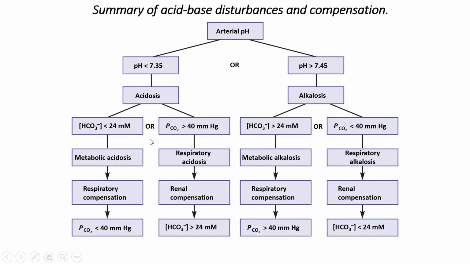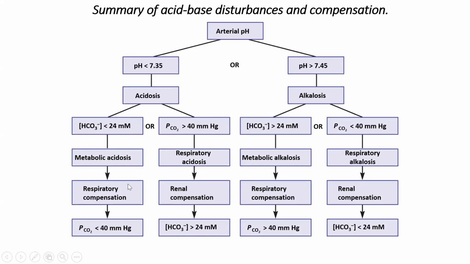If we look at the bicarb and the PCO2, then we can deduce the cause of the acidosis. So if the bicarb is low, less than 24 millimoles, or if the PCO2 is high, greater than 40, we can determine the cause of that acidosis. So it's either a metabolic acidosis if the bicarb is low, or a respiratory acidosis if the PCO2 is high.